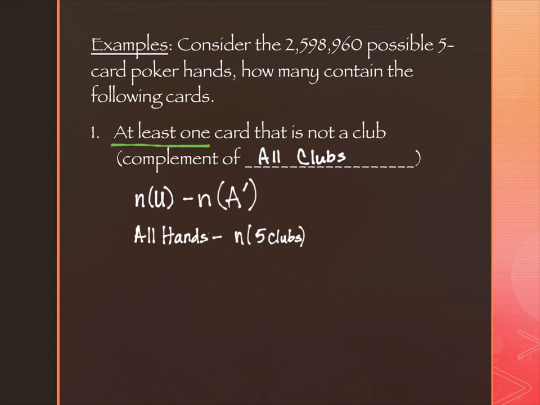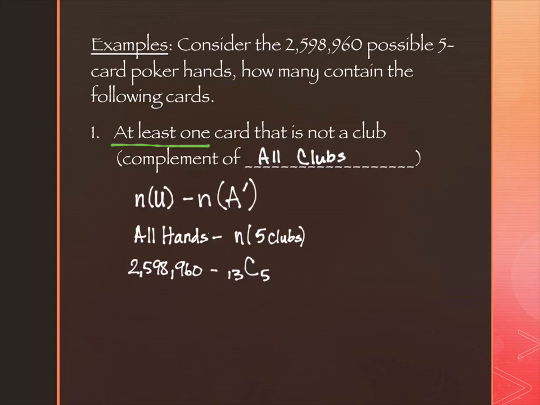So how do we get all hands? Well, all the hands was 2,598,960. How do we get all clubs? Well, how many clubs are there? 13. And how many do we need if we're making this type of hand? 5. So this is 13C5 at the end.